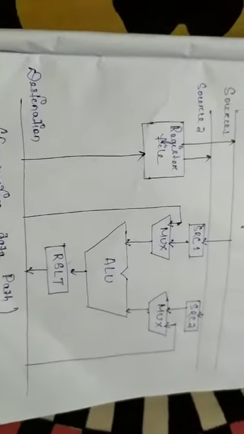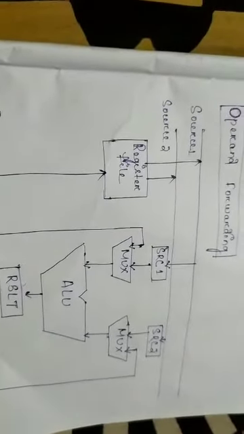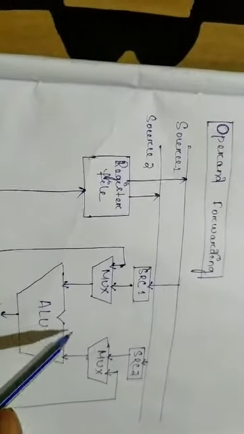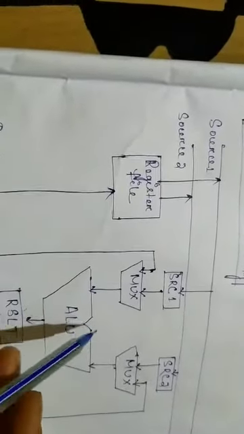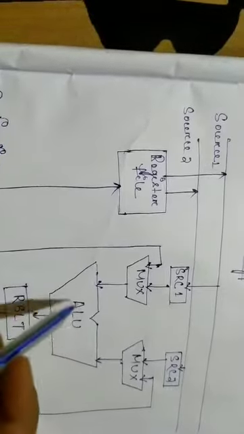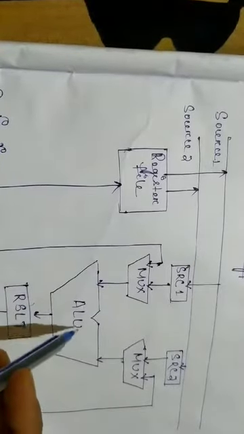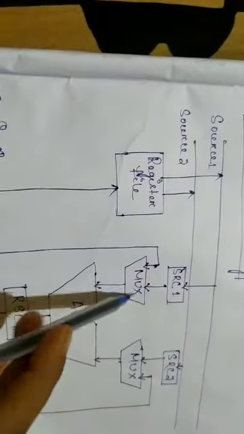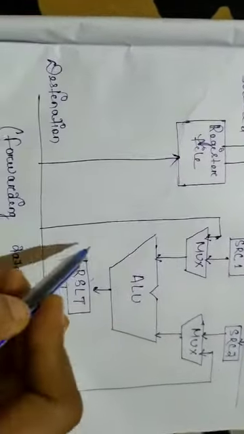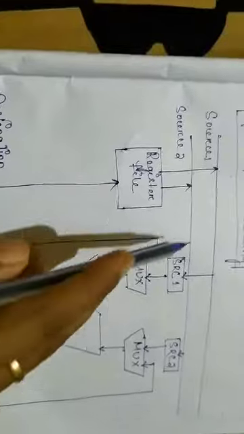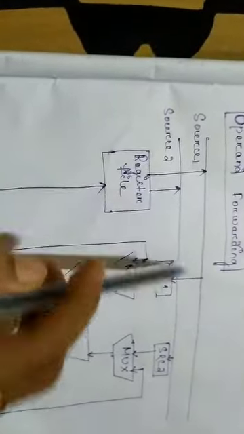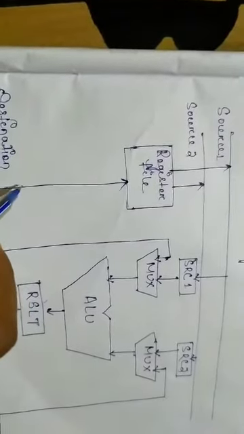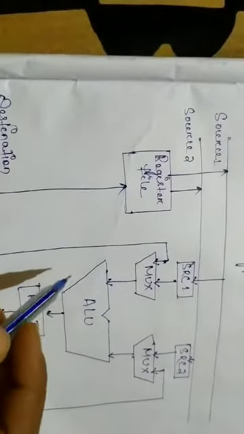Here, the two multiplexers connected at the inputs to the ALU allow the data on the destination bus to be selected instead of the contents of either SRC1 or SRC2. Here it is the destination, it is source 1, it is source 2, and to the bus it flows.